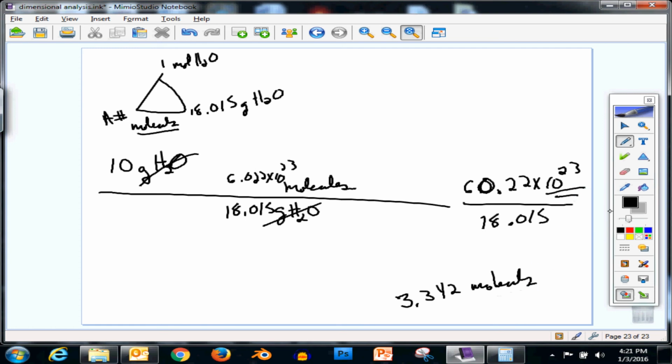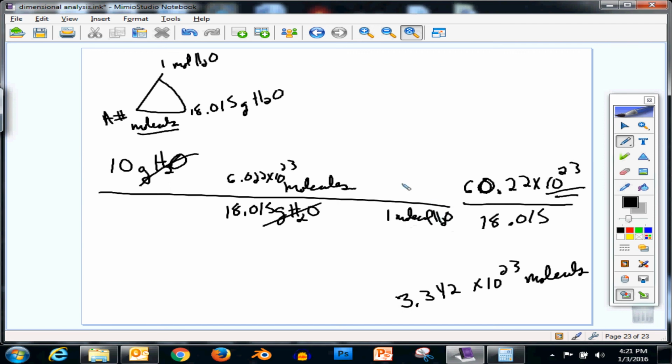Which is a little different from what we had earlier just because we rounded the last time. 3.342, what's my final word? Molecules, is that right? What did I forget? I forgot that, didn't I? So you got to be careful. So that's times 10 to the 23rd molecules.